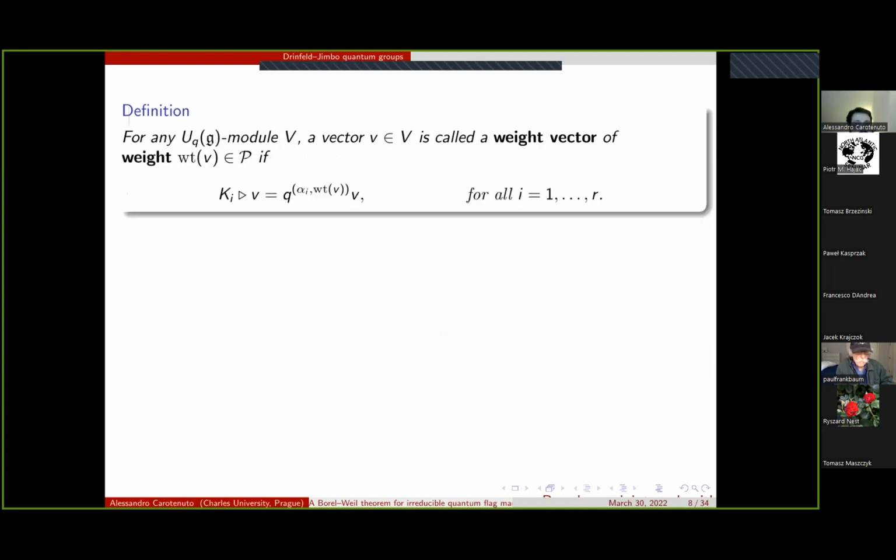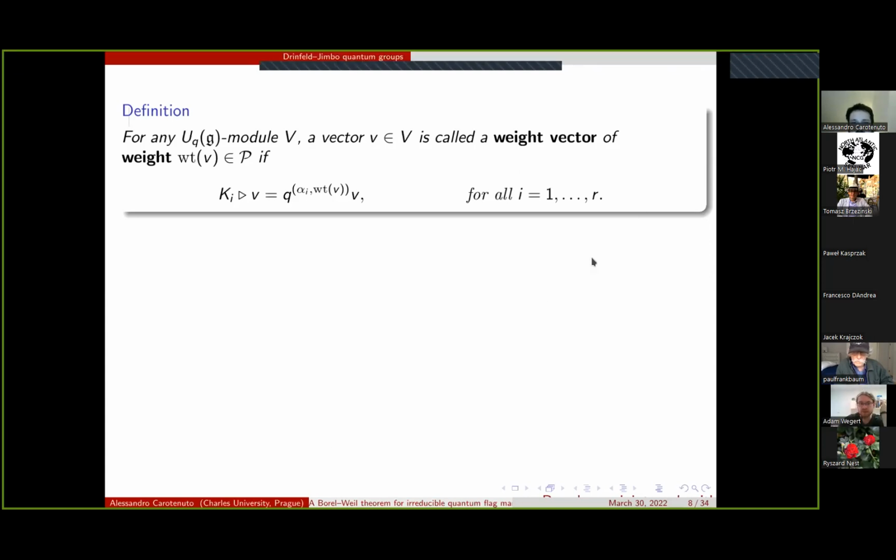Now, let me remind you quickly about the representation theory of U_q(g). So there is a question in the chat.